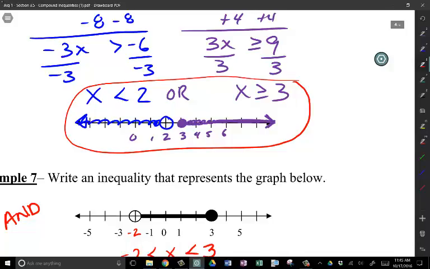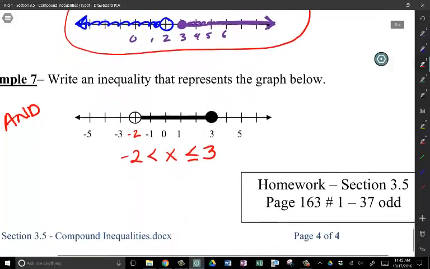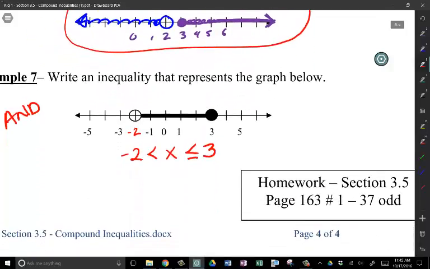Less than points left. And any conjunction will always have less than signs. If it's shaded in between, it's always going to have a less than sign. Okay? All right. Any questions other than that?